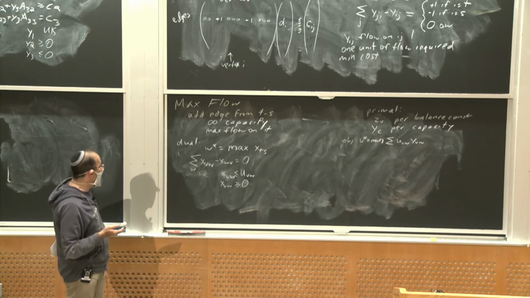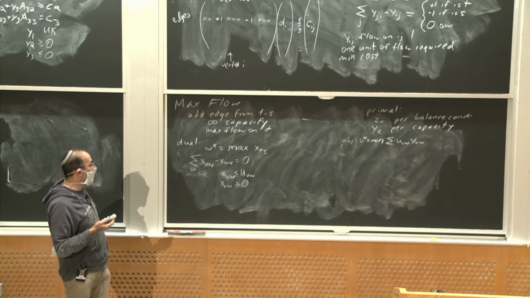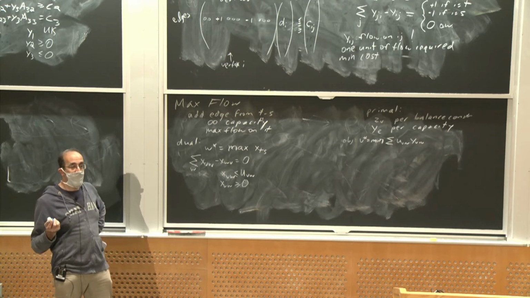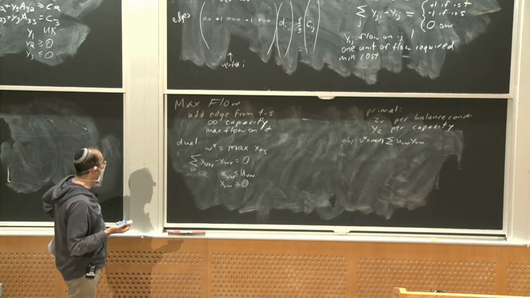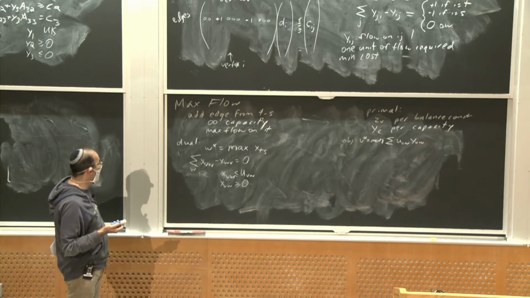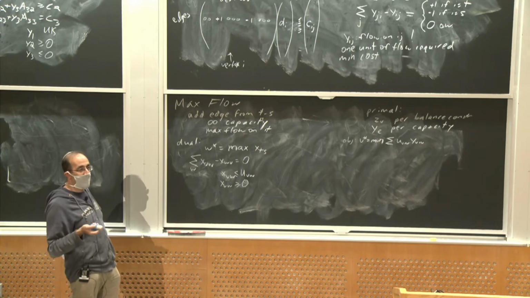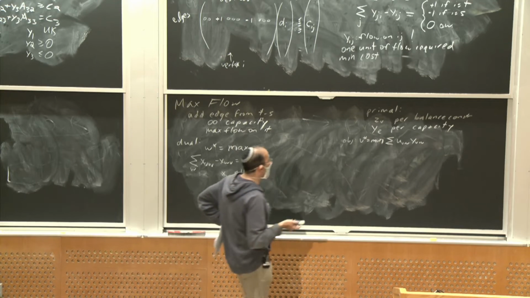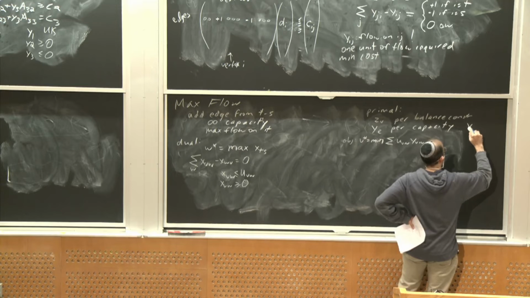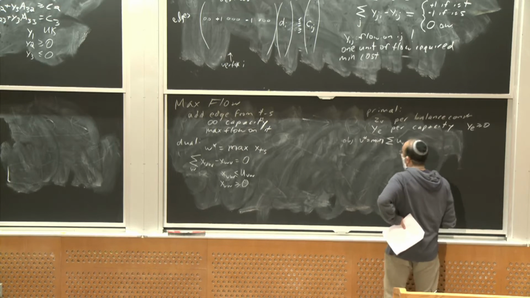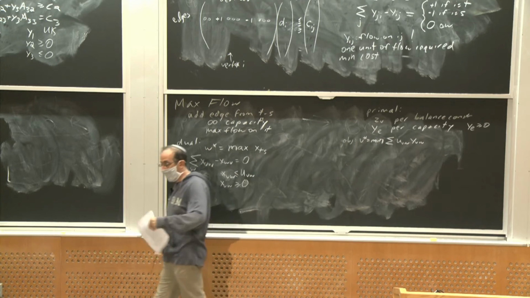Exactly. So the ZVs correspond to equality constraints, so they have no restriction. The Y sub E's correspond to upper bound constraints on a maximization problem. So again, they are the natural kind of constraints. And that means that the Y sub E's are required to be non-negative. Okay.